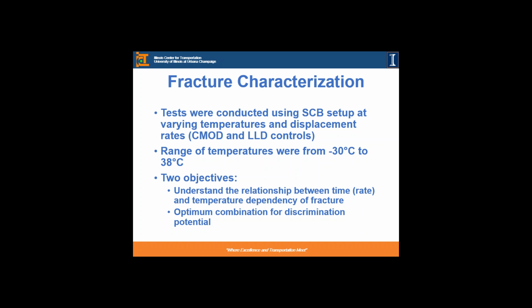We reached the conclusion that 25 degrees Celsius, 50 millimeter per minute showed great potential for discrimination. And we were also able to run successful tests to propagate the crack from an initial notch point to breaking the sample.